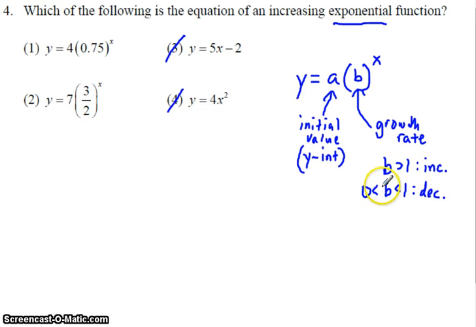Now b can never go negative. And if b is 1, then it's not an exponential. So it's really got to be greater than 1 or between 0 and 1. So with this 0.75, 0.75 is between 0 and 1. So this would be decreasing.